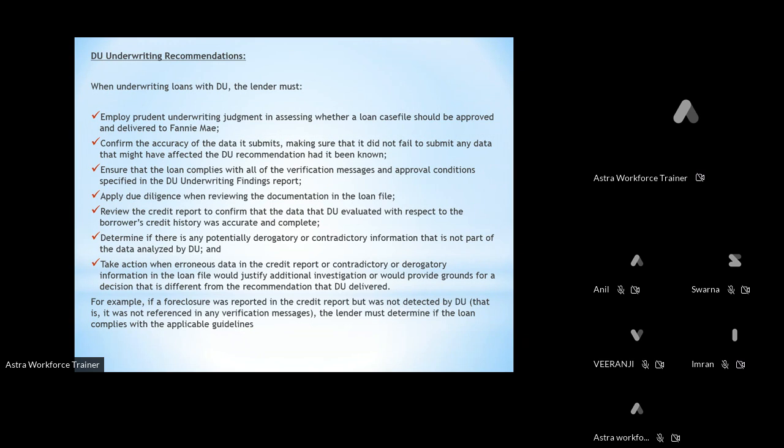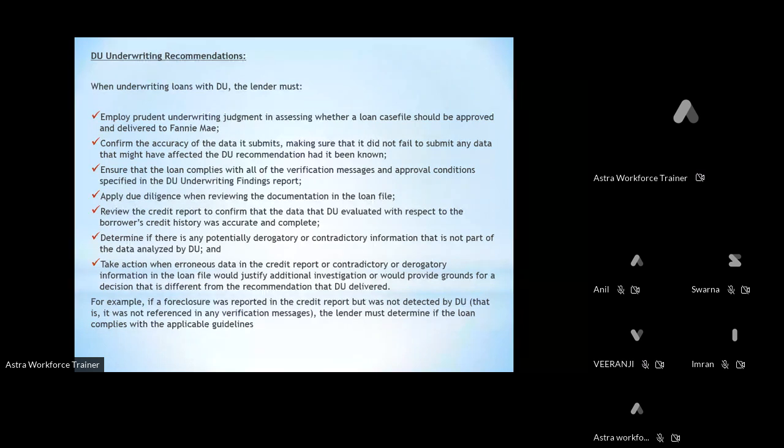Confirm the accuracy of the data submitted, making sure that you did not fail to submit any data that might have affected the DU recommendation that had been known. Say for example, the AUS is mentioning a bankruptcy that is paid off, but the credit report states that the bankruptcy is still on, not closed yet.